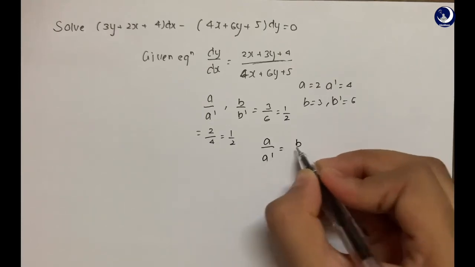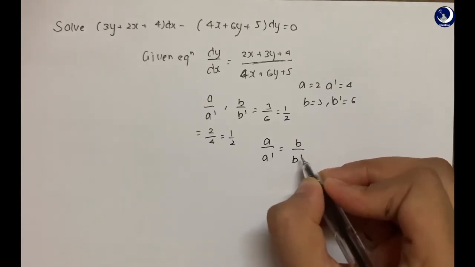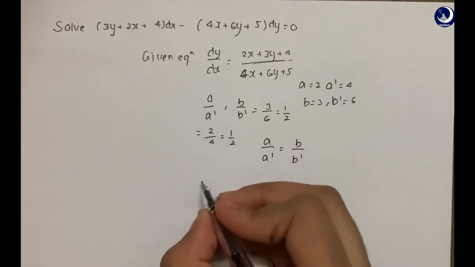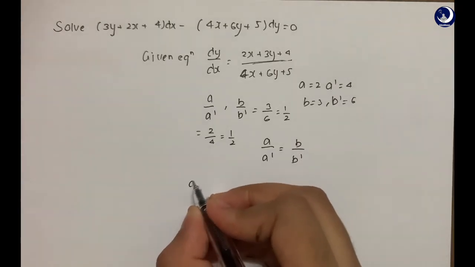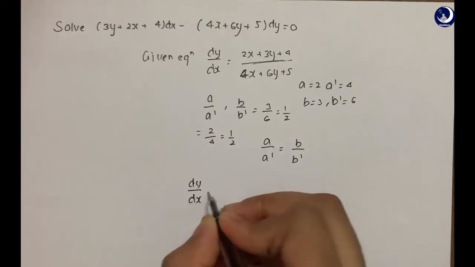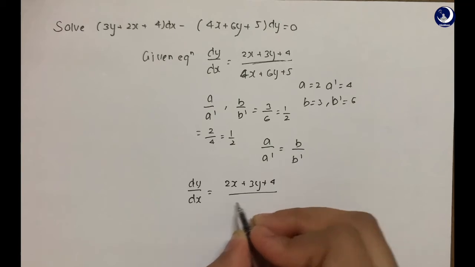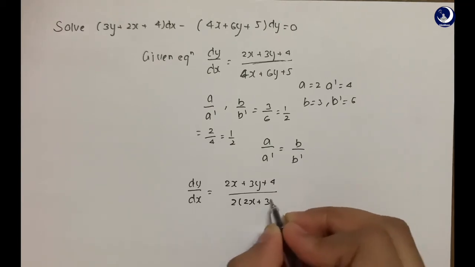Here a by a dash equal to b by b dash. So the given differential equation can be solved using case 2 method. Four x plus 6y can be written as 2 into (2x plus 3y).